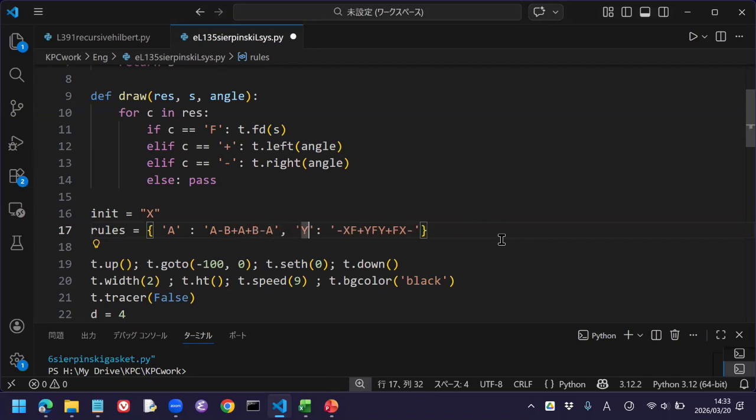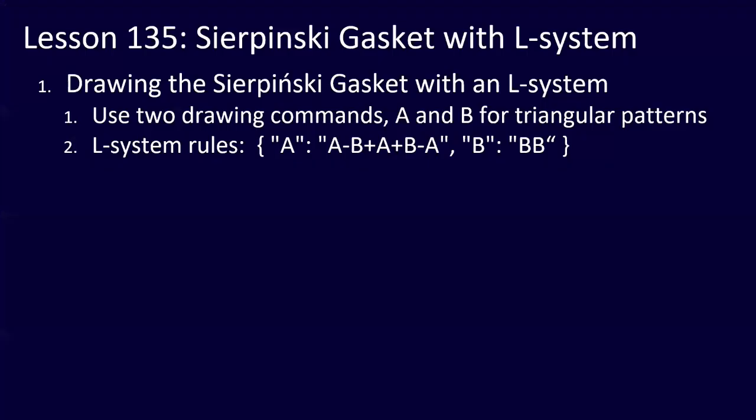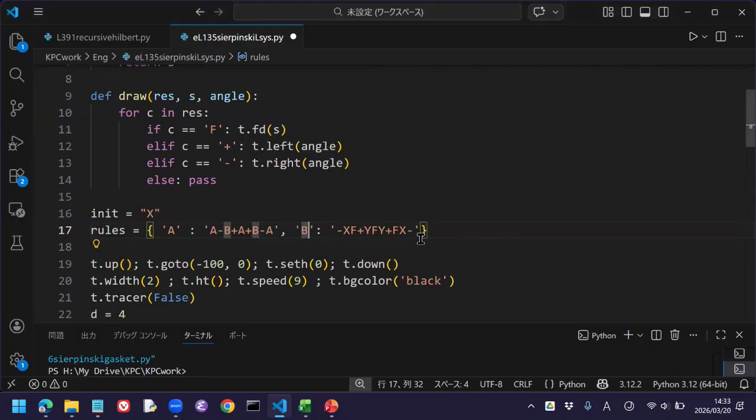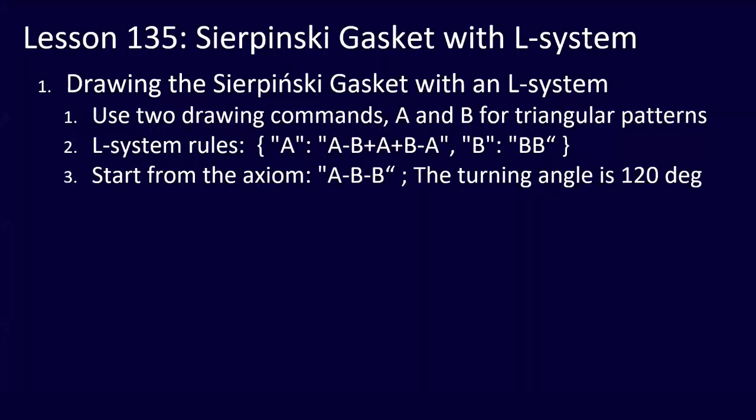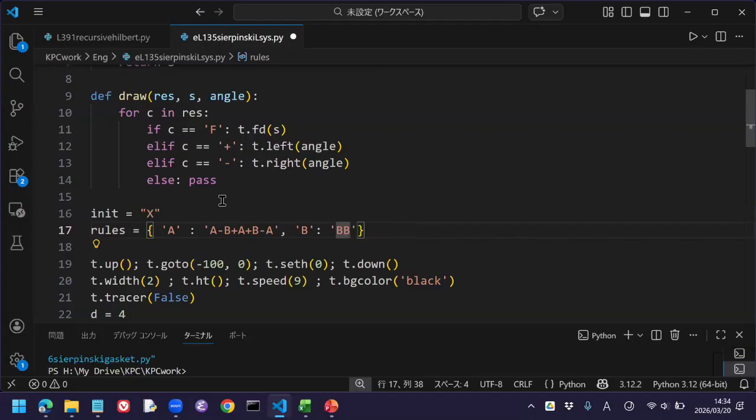Then B goes to BB. Very simple, right? And the starting axiom is A minus B minus B.